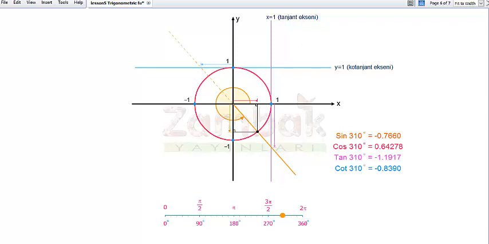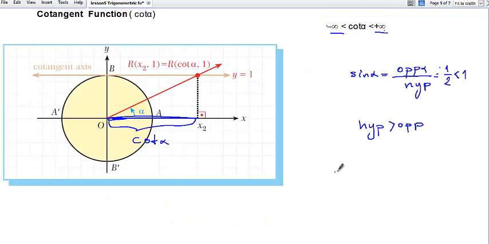By the way, we are going to learn these things in the trigonometric identities part, but here sine alpha over cosine alpha is tangent alpha, and cosine alpha over sine alpha is equal to cotangent alpha.